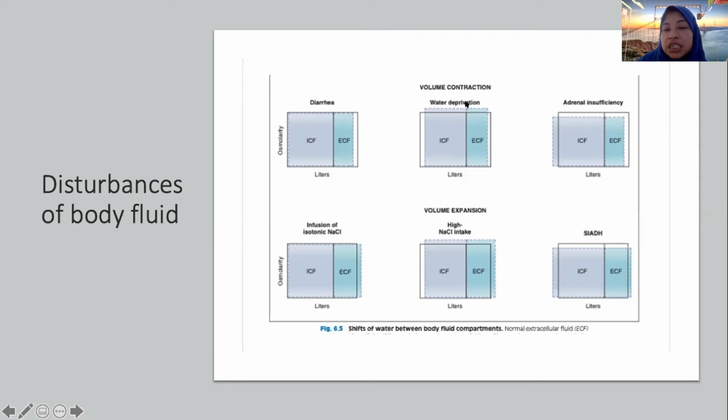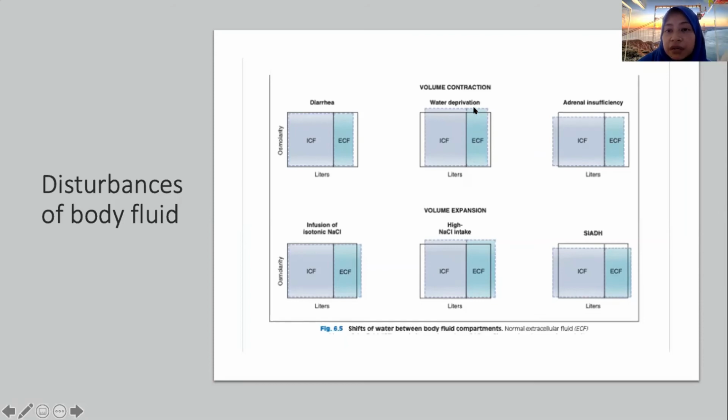How about in water deprivation, meaning that you don't drink enough water? So what happens in the ECF? In the ECF, when you don't drink enough water, the osmolarity will increase. First, we call it hyperosmotic contraction.